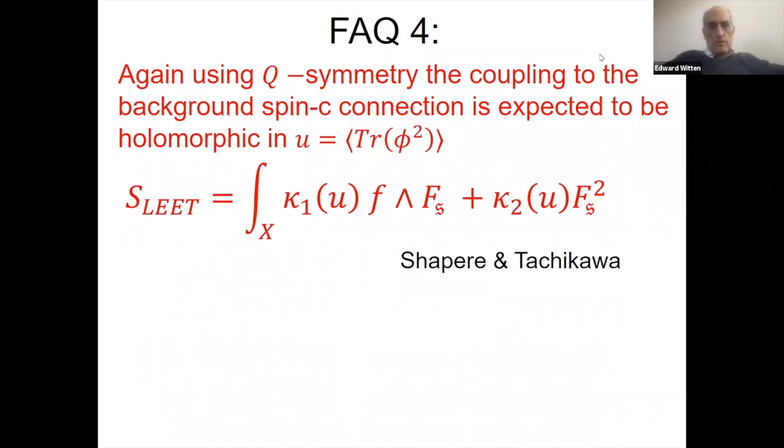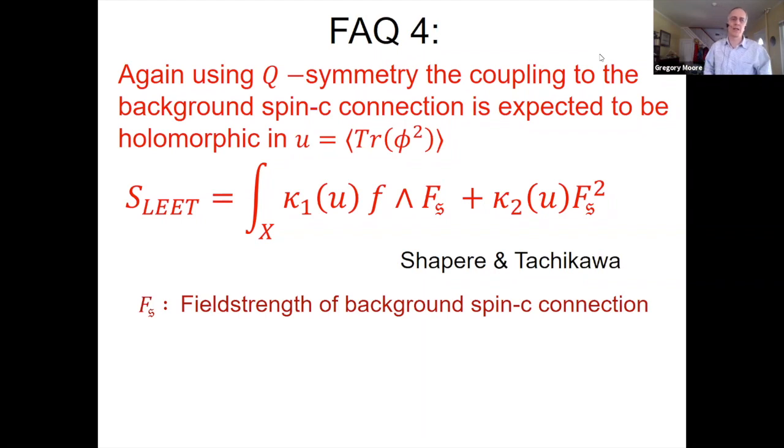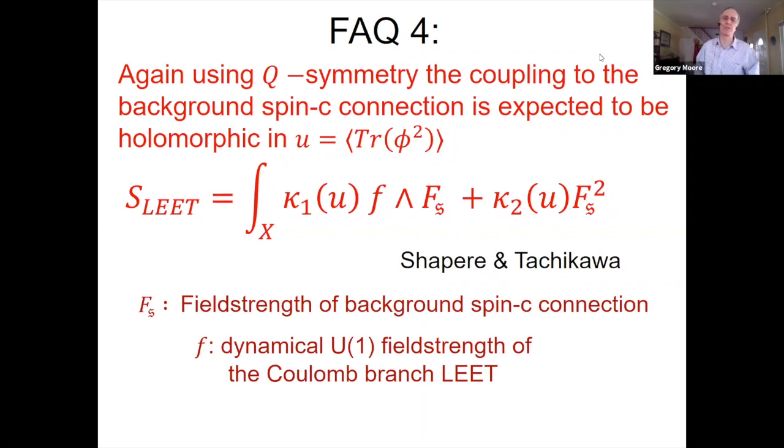Now, again, using Q symmetry, the couplings to the background spin C connection is expected to be holomorphic in the coordinate on the Coulomb branch, usually denoted U. So you take the trace of the adjoint scalar squared, you take its vacuum expectation value in a vacuum on the Coulomb branch, call that U. And going back to Shapere and Tachikawa, we expect that the low energy effective theory should have holomorphic couplings, kappa 1 and kappa 2, where capital F sub S is the background spin C connection and little f is the dynamical U1 field strength on the Coulomb branch, low energy effective theory.